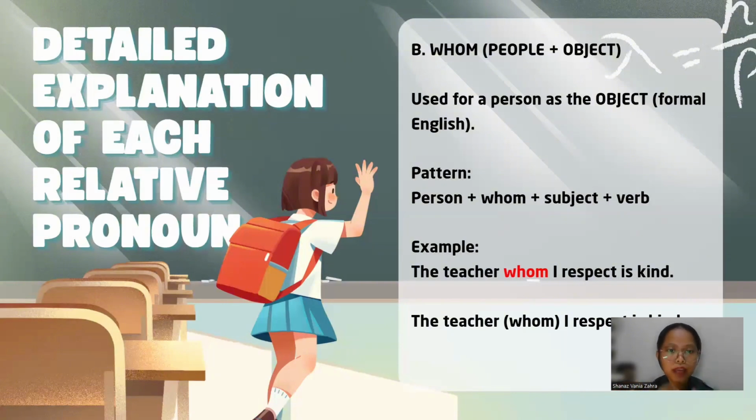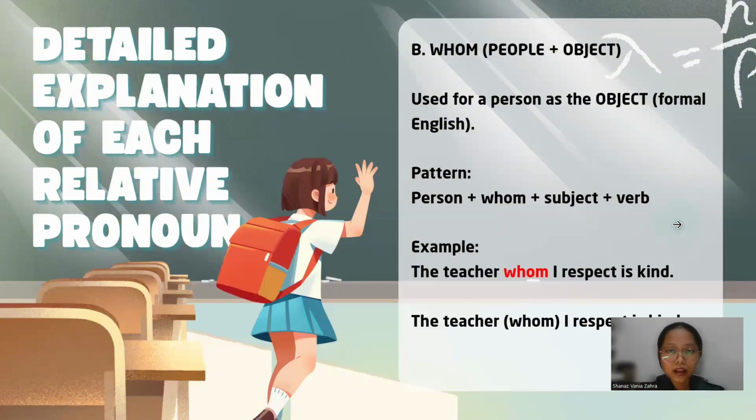This shows that whom is the object of the verb respect. Because whom is an object, it can be omitted without changing the meaning. So we can also say, the teacher I respect is kind. This is why whom is optional in an adjective clause when it functions as an object.